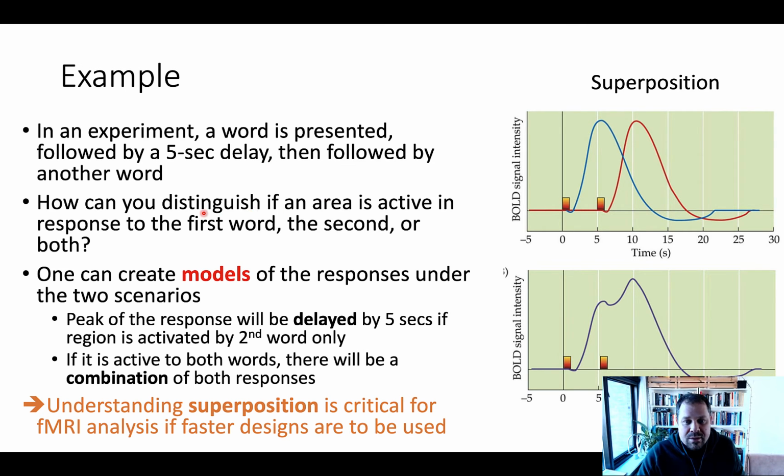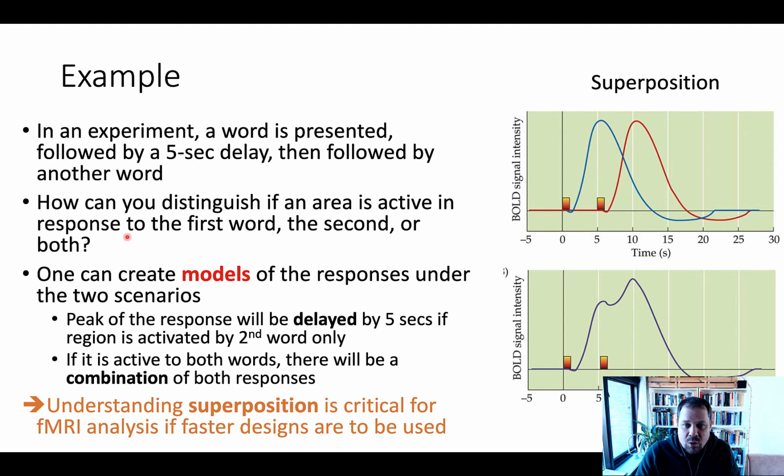So most of the regions that respond to the first word should also respond to the second word. For instance, visual regions that are involved in encoding letters, and regions that are involved in understanding the meaning of the word. So we would actually expect regions that respond to the first word to also respond to the second word.